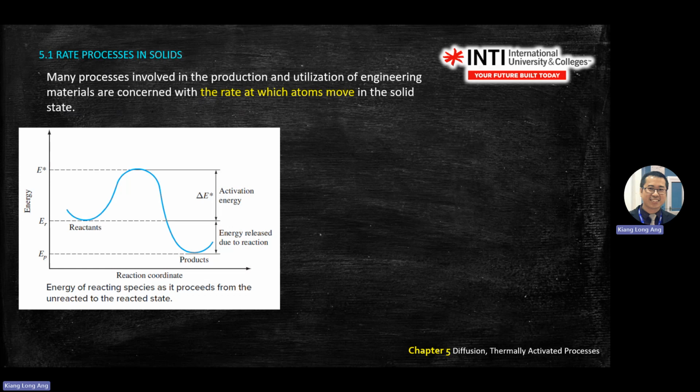You have the reactant energy and the activation energy. Okay, so E star and the product's energy. So if your energy here is stable and you heat it up to reach E star, then you will drop down, you will release.